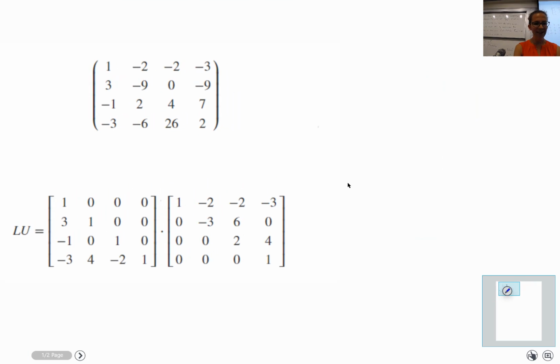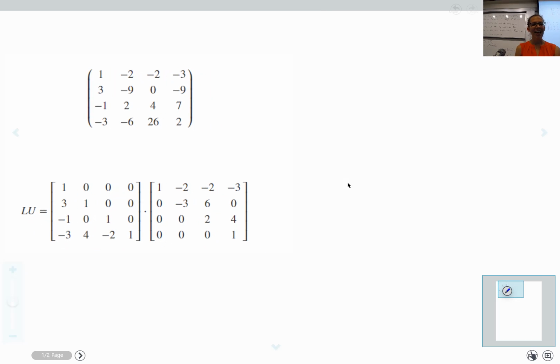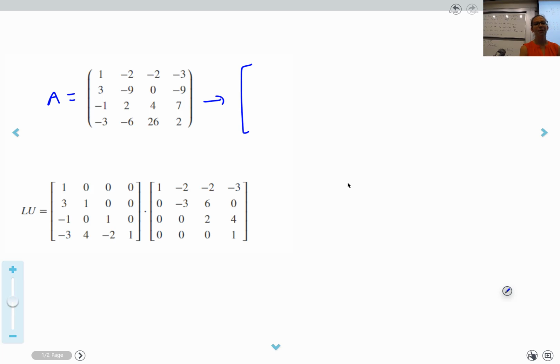Okay, so ignore the LU down here, that'll come up in a moment. We're just going to take this matrix A and do a Gaussian elimination on it. Actually, does anyone remember, what's the first thing you do with Gaussian elimination?